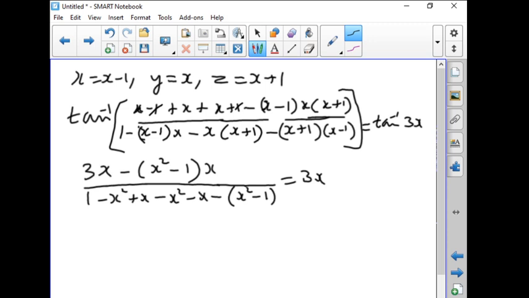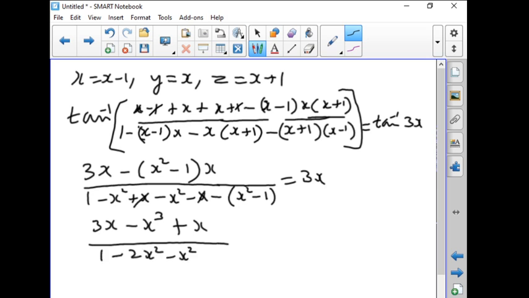Simplifying the numerator, 3x minus x cube plus x, the plus x and minus x cancel. The denominator is 1 minus 2x square minus x square plus 1, equal to 3x.